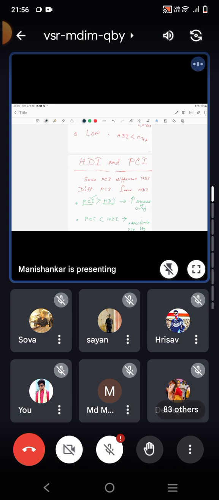So see, higher the value means lower the high income. In number, when you use the number, suppose your income of A is 10,000, income of B is 8,000. So when you rank them, then rank of A is 1, rank of B is 2.